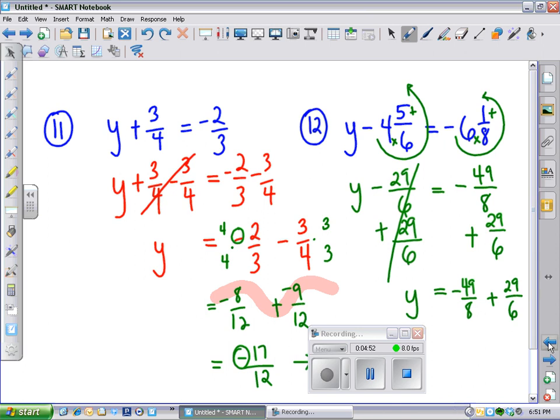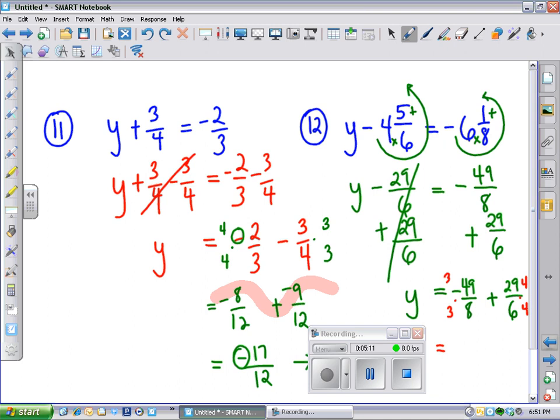They are not like denominators, so we have to convert them. We have an 8 and a 6. The lowest common multiple of 8 and 6 would be 24. So we'll convert these. Okay, multiply this side by 3 over 3. Multiply this side by 4 over 4.